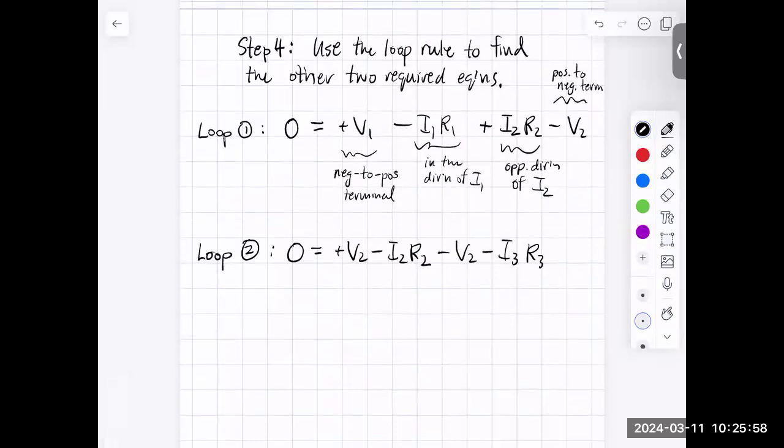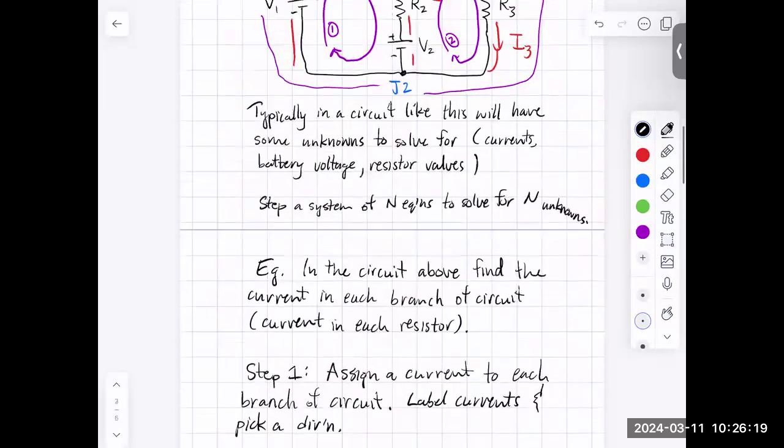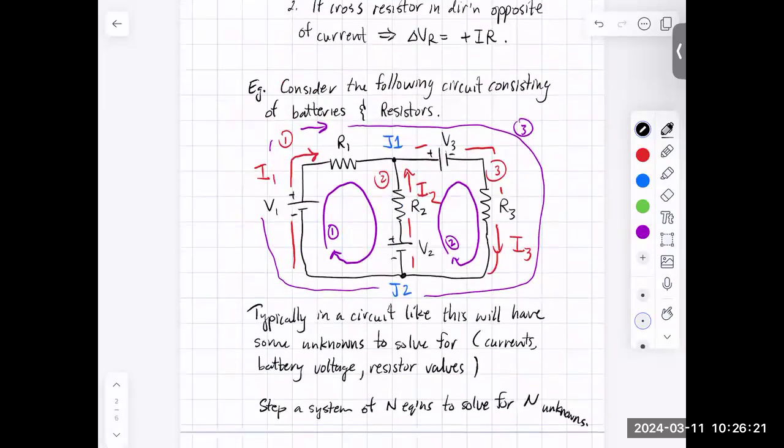Okay, and let's do the last one just for completeness. Like I said, we only need to do 2. We can pick any 2, it doesn't really matter. We have 2 of them, we could stop here and continue to solve our problem. But let's just practice this third loop. The third loop starts the same as the first loop.